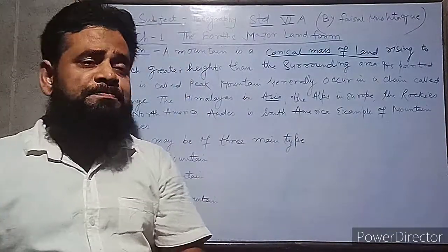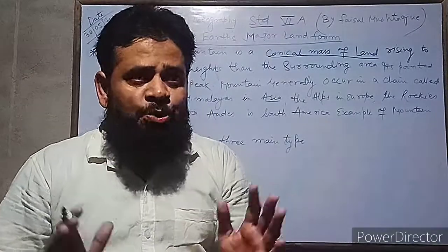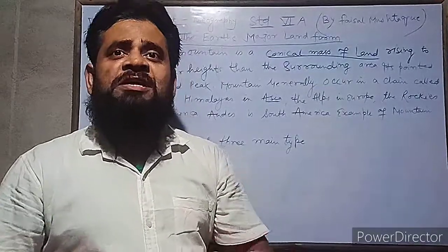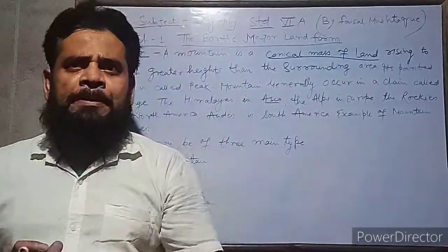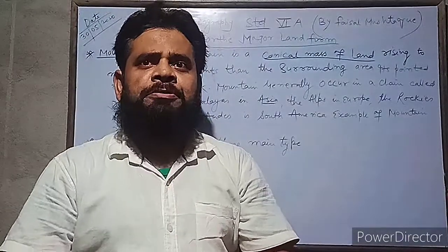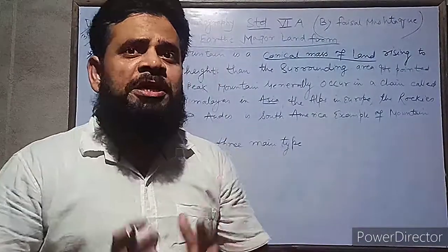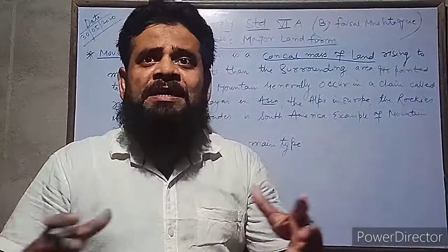A mountain is a large landform that rises above the surrounding land in a limited area. उसका एक बहुत ही लिमिटेड एरिया है, usually in the form of a peak. A mountain is generally considered steeper than a hill.